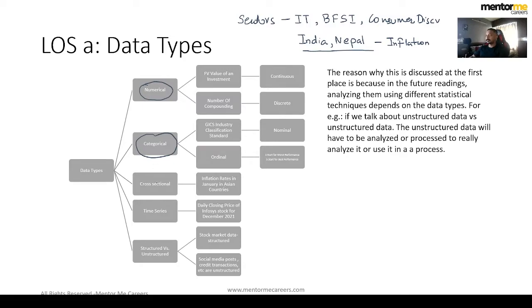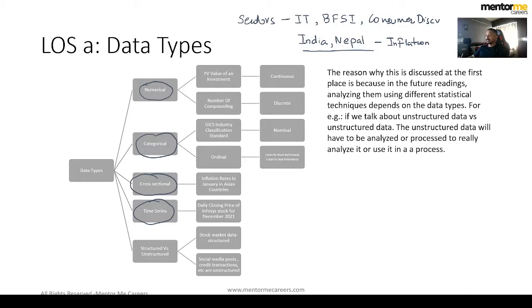Time series is just straightforward data across periods. So if I were to analyze the Infosys stock, or let's say we have Infosys stock price data for 3 months, that would qualify as time series data.